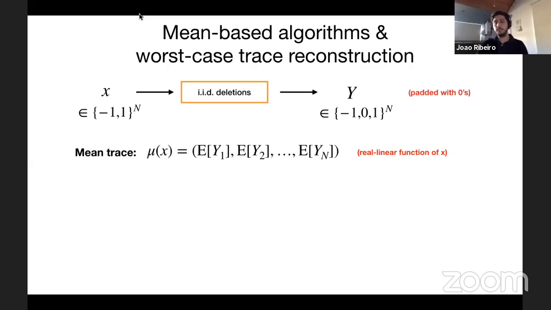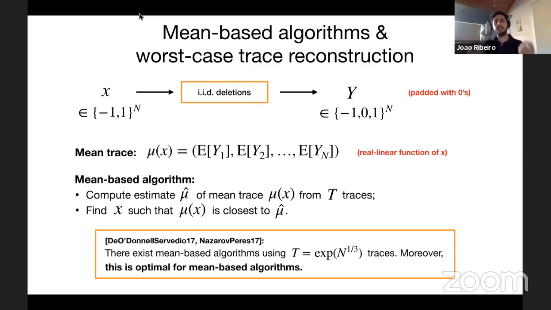It's not easy to compute or anything, but what a mean-based algorithm does is you take a whole bunch of traces, you compute an estimate of your mean trace. This can be easily done. And your estimate of the reconstruction will be the string that has the closest mean trace to your estimate. The result that was proved was really that you need roughly exponential in the cube root of n traces.